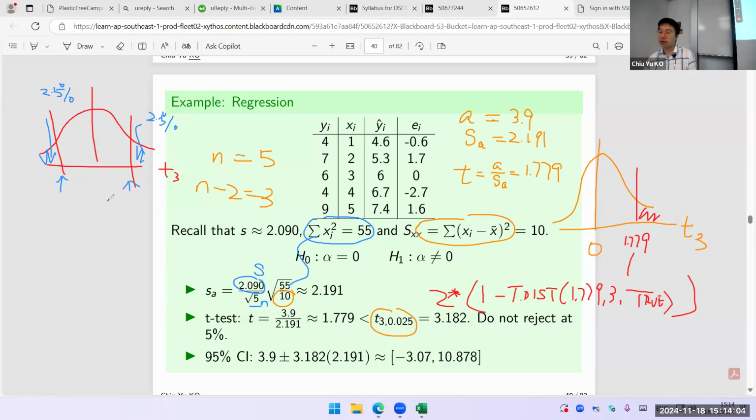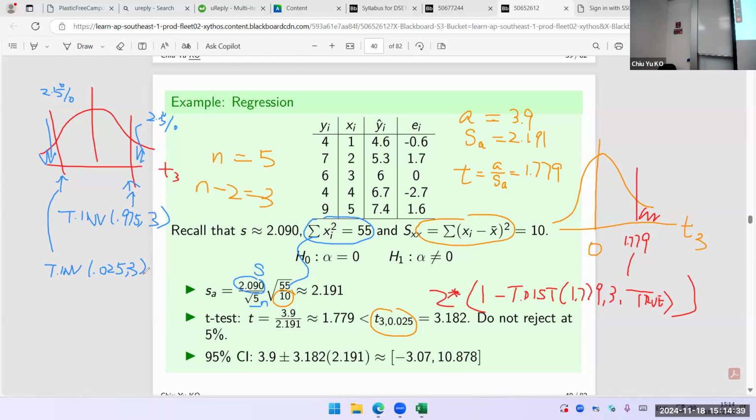Suppose I find this one: on the right hand side is 2.5%, left hand side is 97.5%, so you do T dot inv on 0.975, 3, and get this. If you want the other one, we're saying T dot inv on 0.025, 3. But one way or the other, one is negative, one is positive, so it doesn't really matter which. And the value, you can see, is 3 point something.